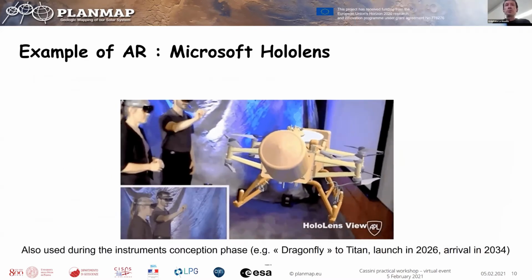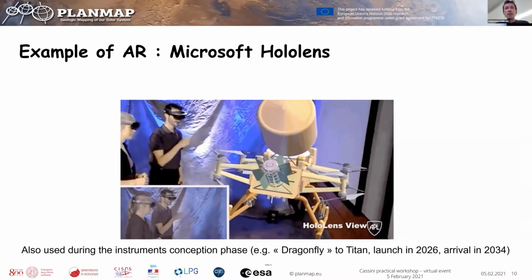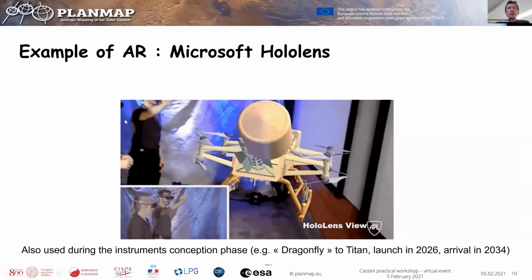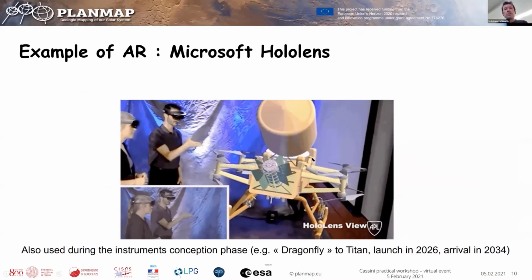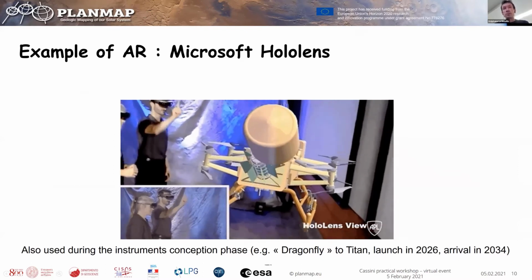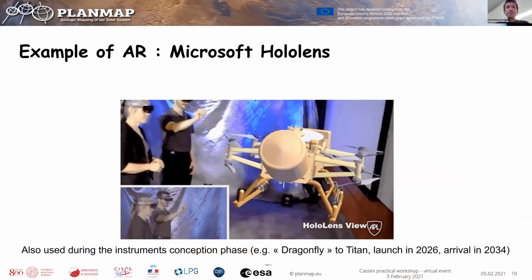You can also use this HoloLens for instrument design. What you see in this video is the spacecraft called Dragonfly, which is the next mission to Titan, supposed to be launched in 2026 and to arrive in 2034.